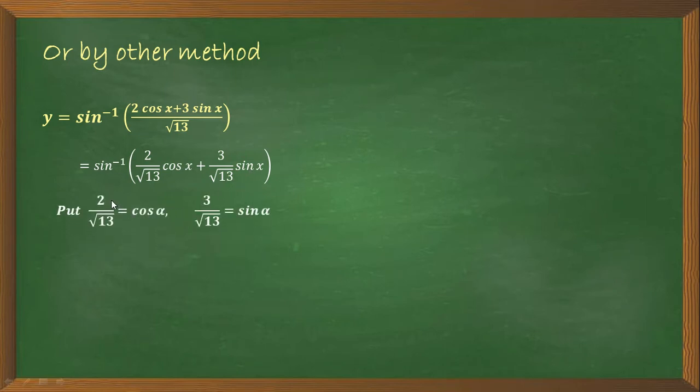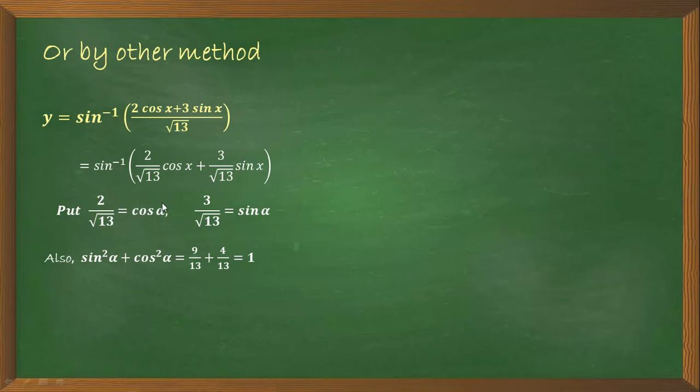But suppose if you select cos alpha as 2 upon root 13 and sin alpha as 3 upon root 13, then also you will get the same, sin square alpha plus cos square alpha is equal to 1 here. So then also it is possible, no problem.